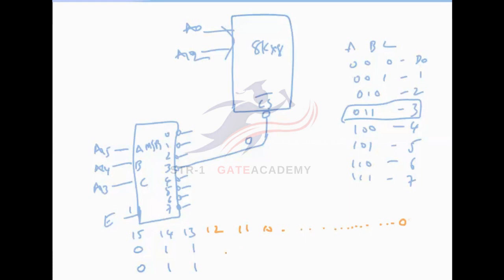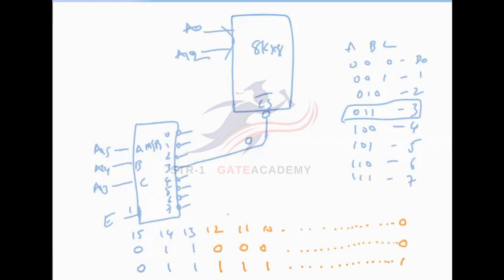Next, all these are zeros. Starting address. Ending address is all these are ones. Right? Now find starting address.